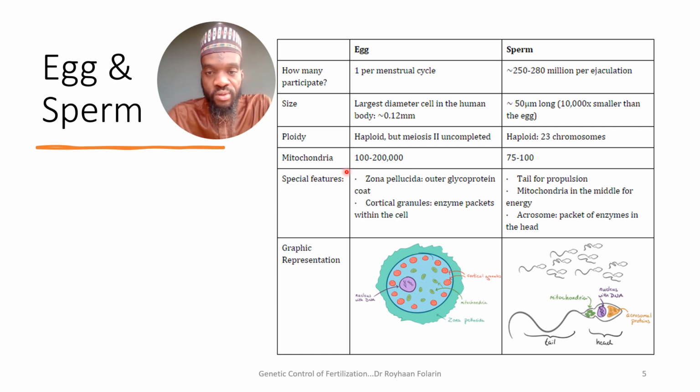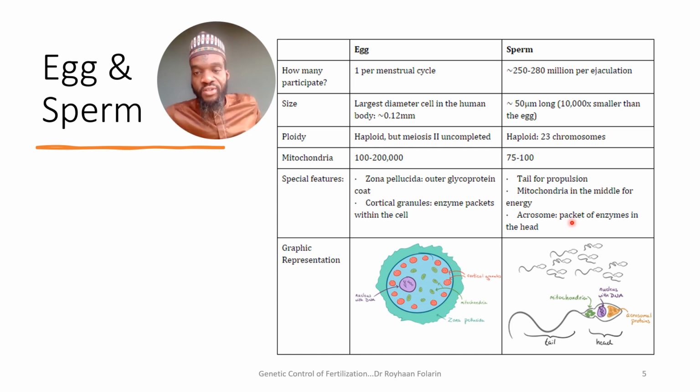Furthermore, the mitochondria, you have between 100 and 200,000 in the egg, while the sperm, as understandable from its size, contains 75 to 100. Then other special features found in the egg include the zona pellucida, which is that outer glycoprotein coat that you have seen, and the cortical granules, which are enzyme packets within the cell.